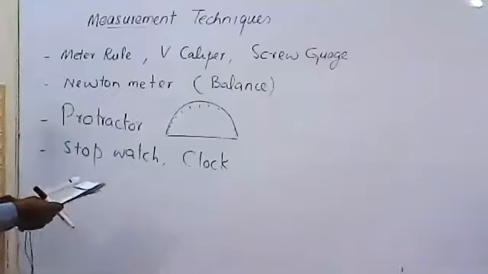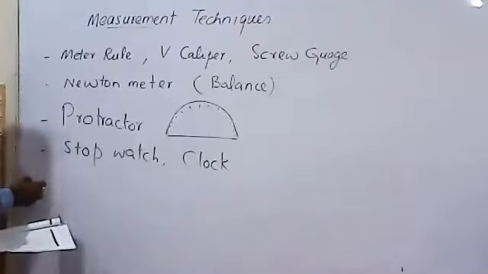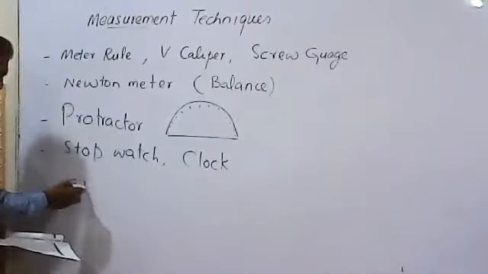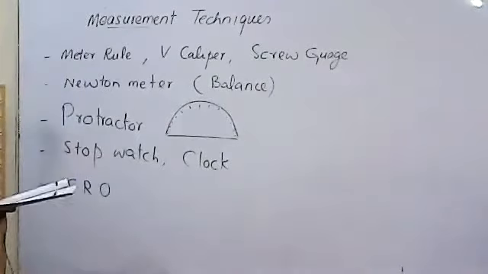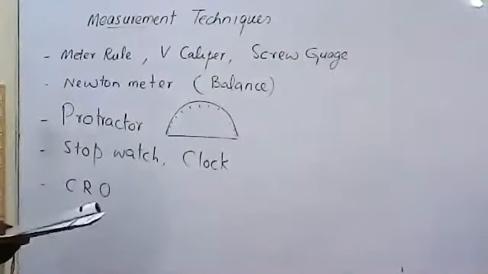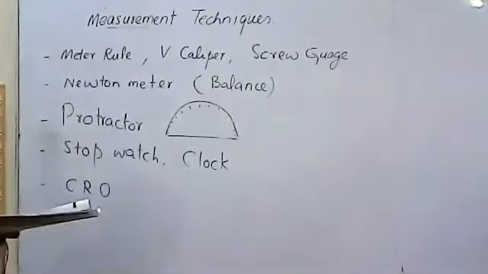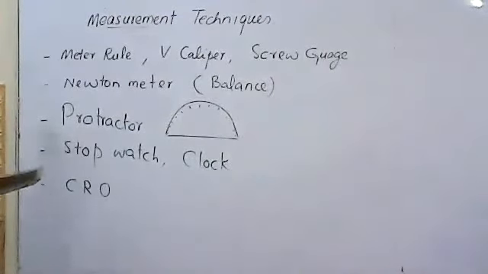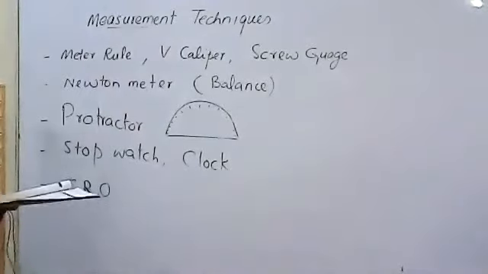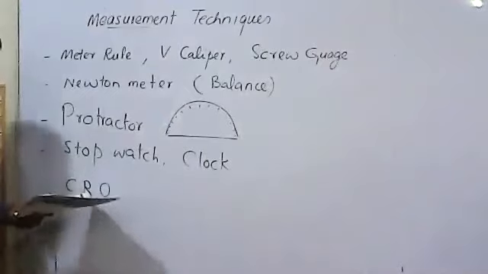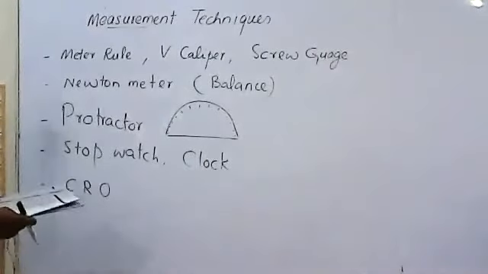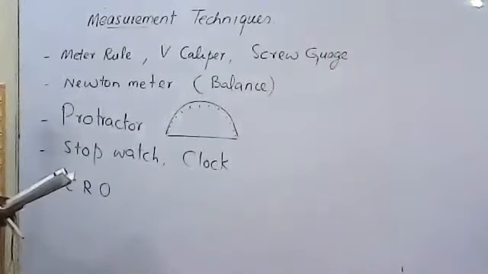We should also be familiar with the use of CRO. CRO is a very accurate, very sensitive device when it comes to measuring time intervals, and it is also used for measuring voltages. So it is also used as a voltmeter. We'll come to that detail later on when we discuss CRO in more detail.